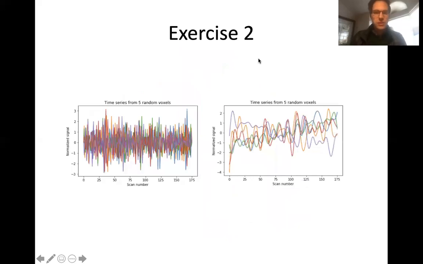Had you guys do exercises where we were grabbing different seeds and different voxels of the brain, extracting time series, and pre-processing the time series with different frequency bands to see what different kinds of signals there are.